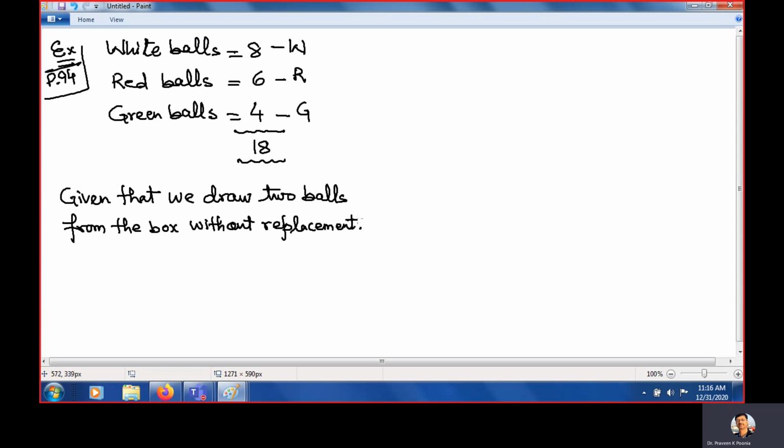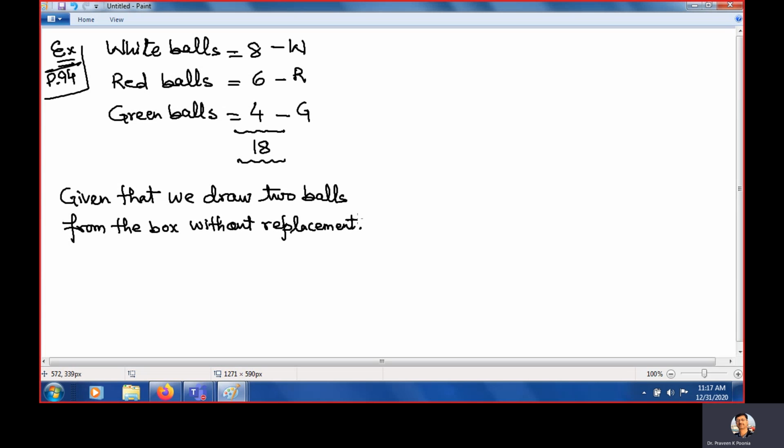There are two things, without replacement and with replacement. With replacement means you draw one ball from the bag and then you put the ball back into the box. This is replacement. Without replacement means you draw the ball and you do not return the ball to the box.